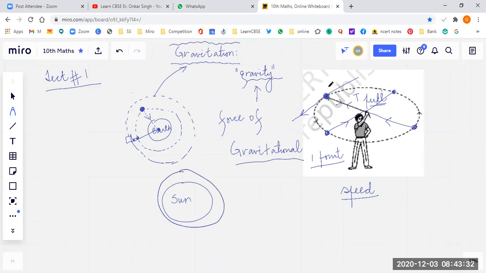The sun also has an imaginary string tied to all the planets, like this boy is using muscle power to rotate the stone in a circular path.